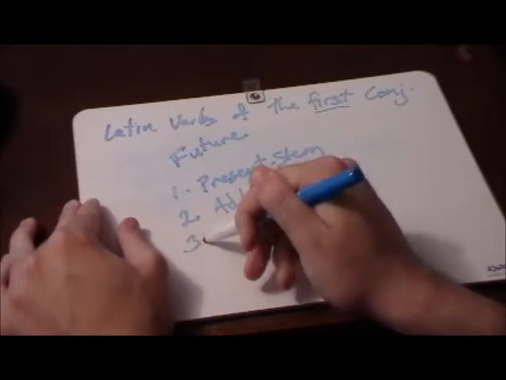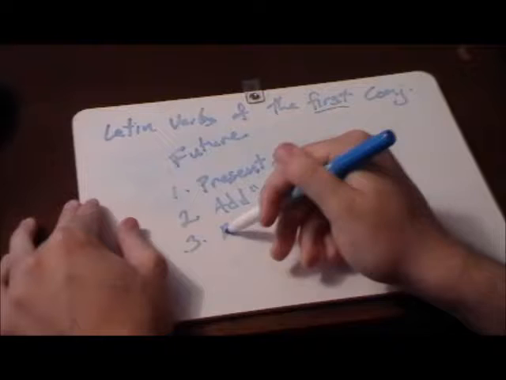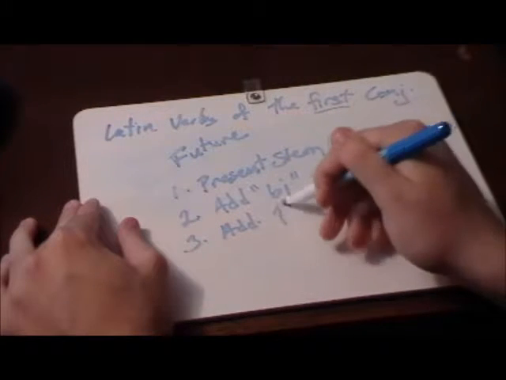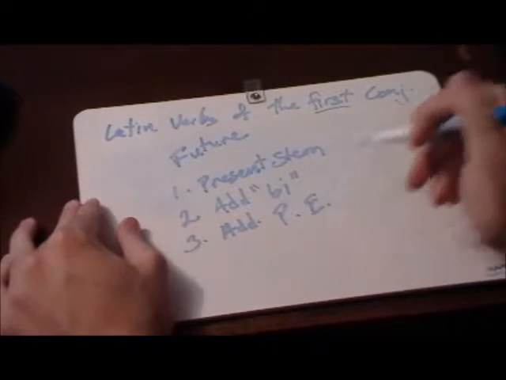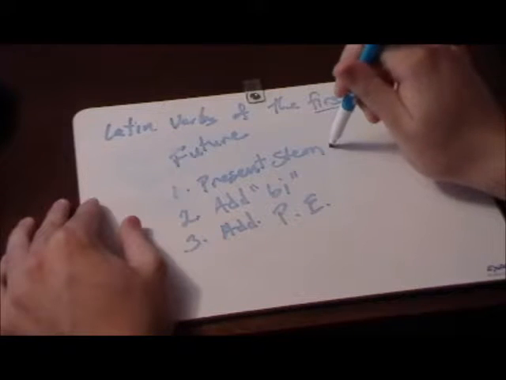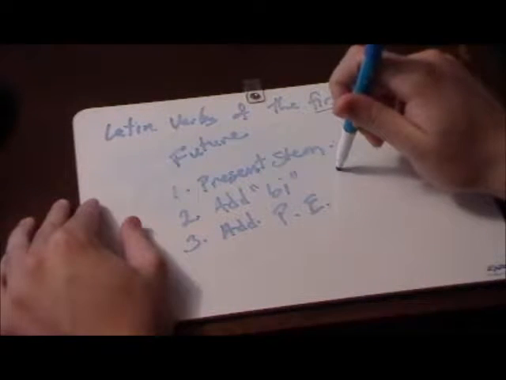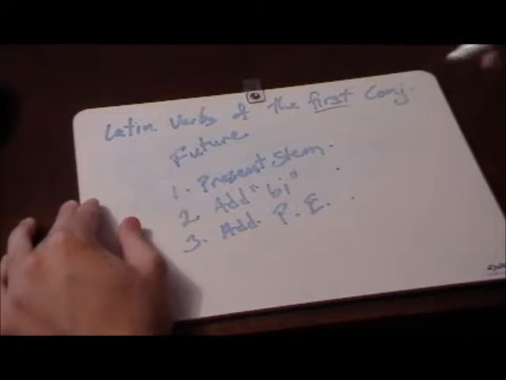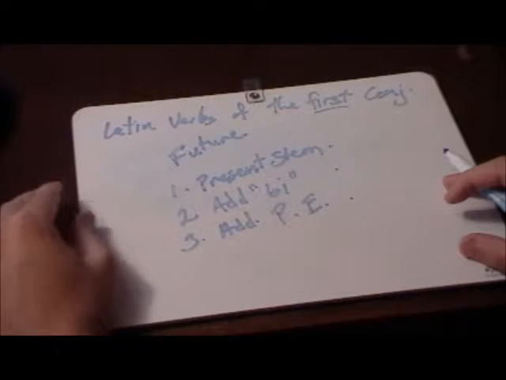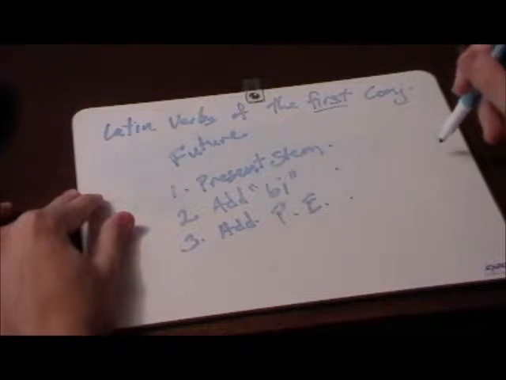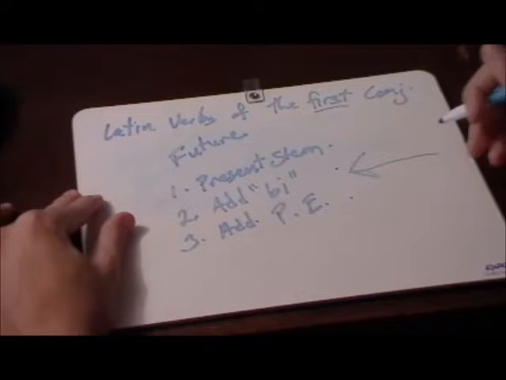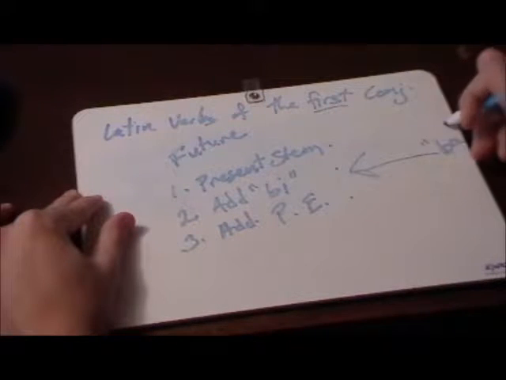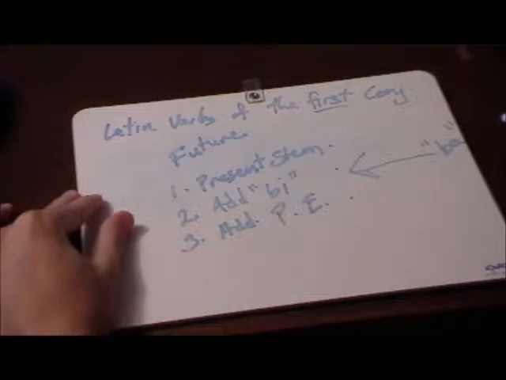Step 3 is to add your personal ending. So present stem, tense indicator, personal ending. These are the exact same rules as the imperfect tense, except instead of adding a BA, we're adding a BI. So BI for the future, BA for the imperfect.